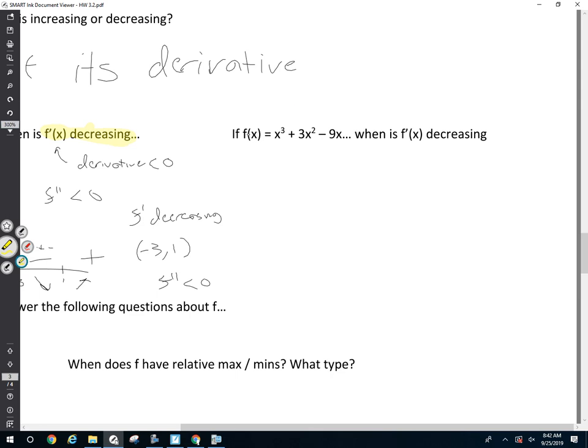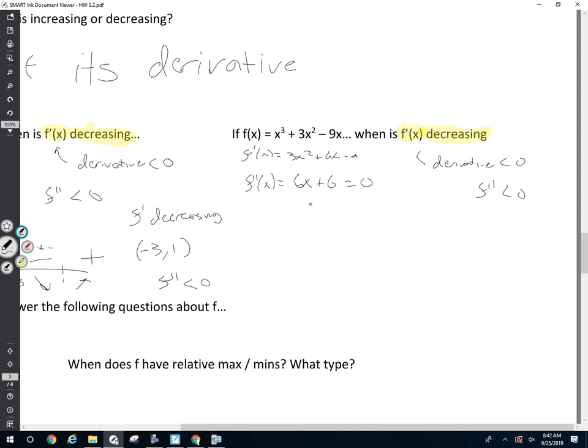If we're given f, when is f prime decreasing? Again, f prime is decreasing when its derivative is negative. That's when f double prime is negative. I'm given f. I don't want to take f prime and set it equal to 0. I'm going to go a step further and look at the second derivative and set that equal to 0 because I want when f prime's derivative is negative.